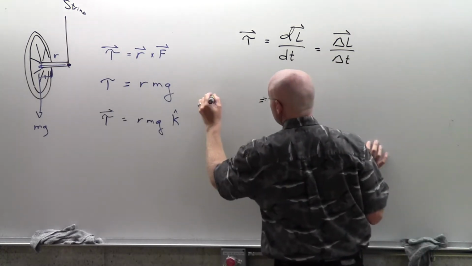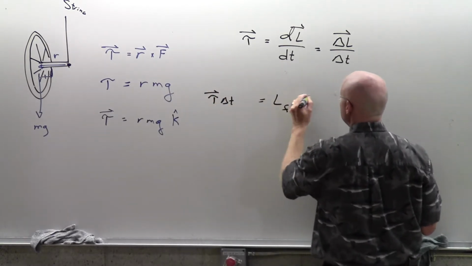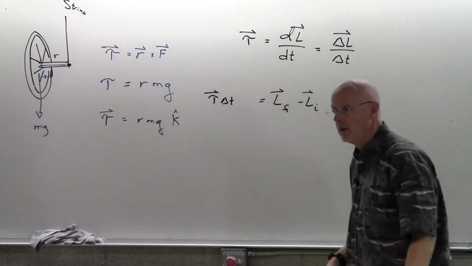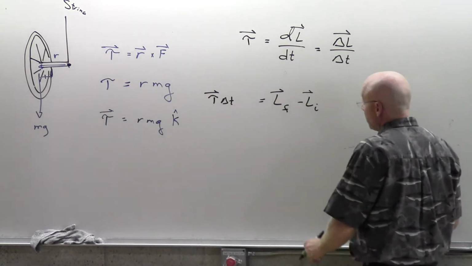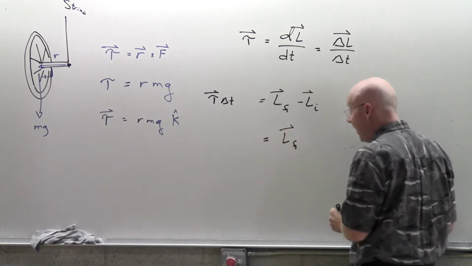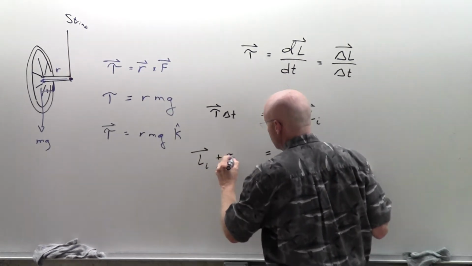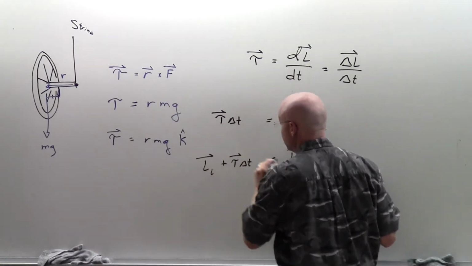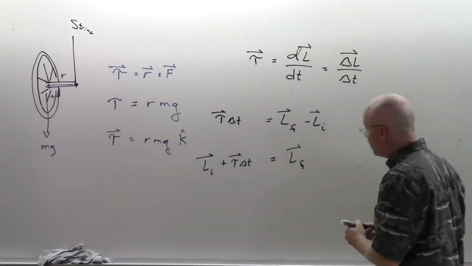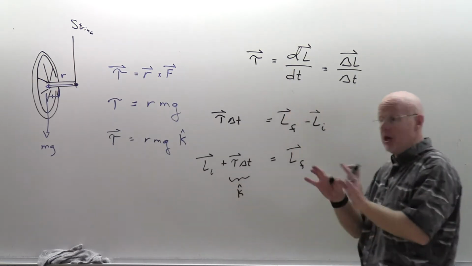And so the torque for a small moment in time is the change in angular momentum. Or maybe to put it another way, the final angular momentum is the angular momentum you start with plus the change. Okay, the change we just said is going to be in the z direction. I'm not going to change that.